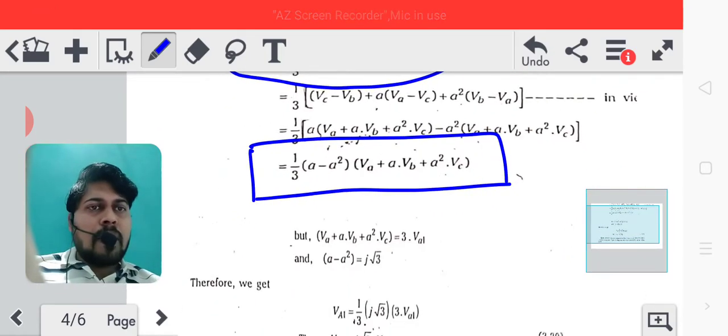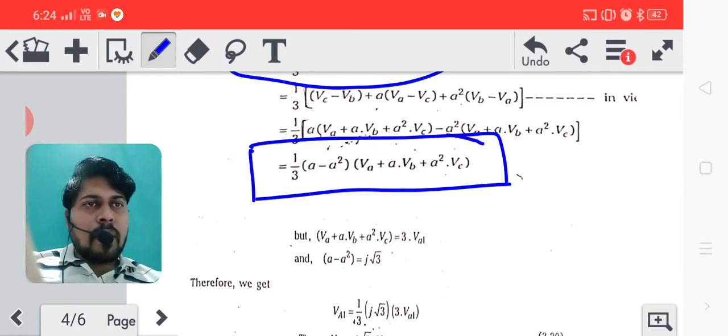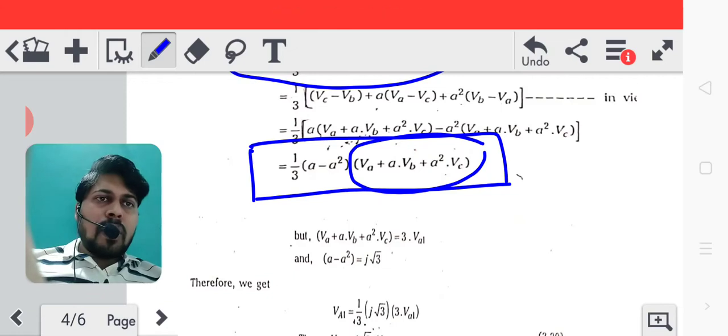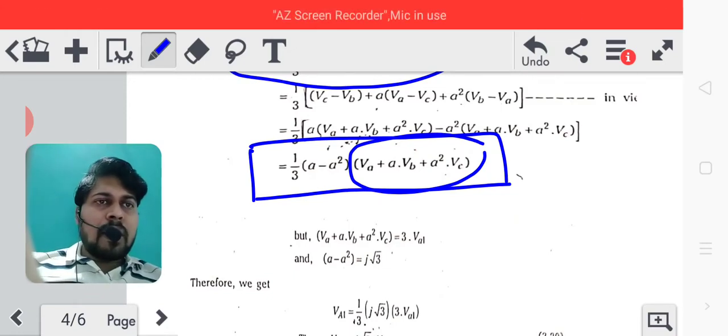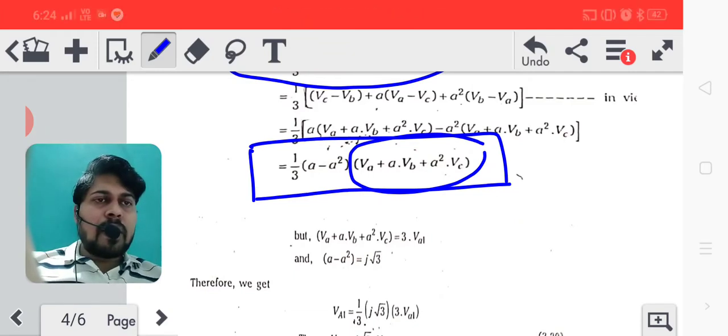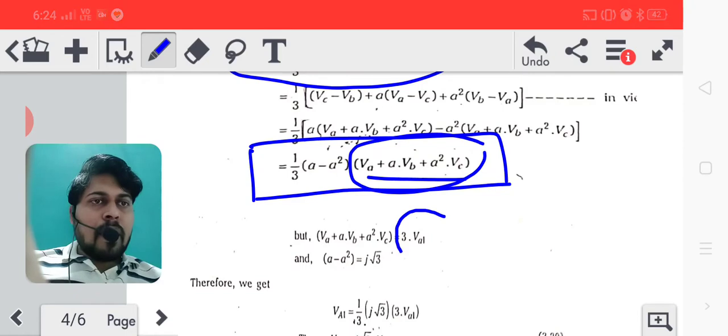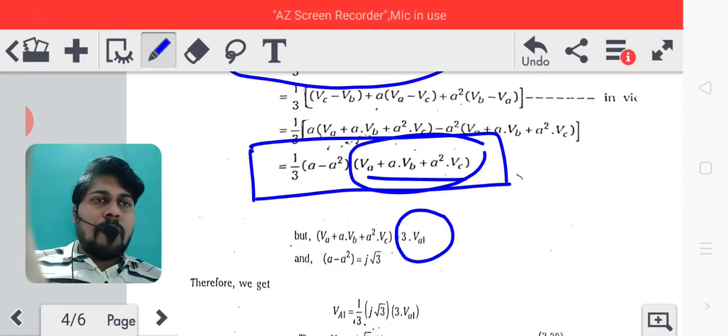But we know the expression for the positive phase sequence voltage as 1 by 3 into Va plus a Vb plus a square Vc. Keeping this expression on the LHS, we will get 3 into Va1. So we can substitute in that place.